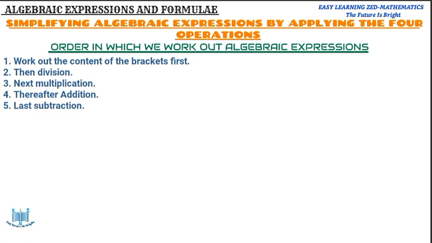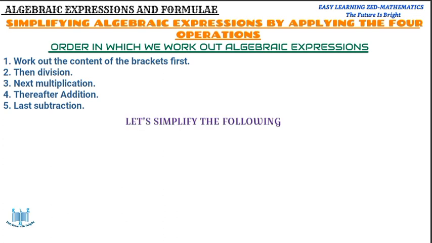Lastly, you deal with subtraction. So this is the order in which you work out an algebraic expression when four operations are involved. I'm sure you may be aware of BODMAS. That's how we simplify algebraic expressions with four operations.